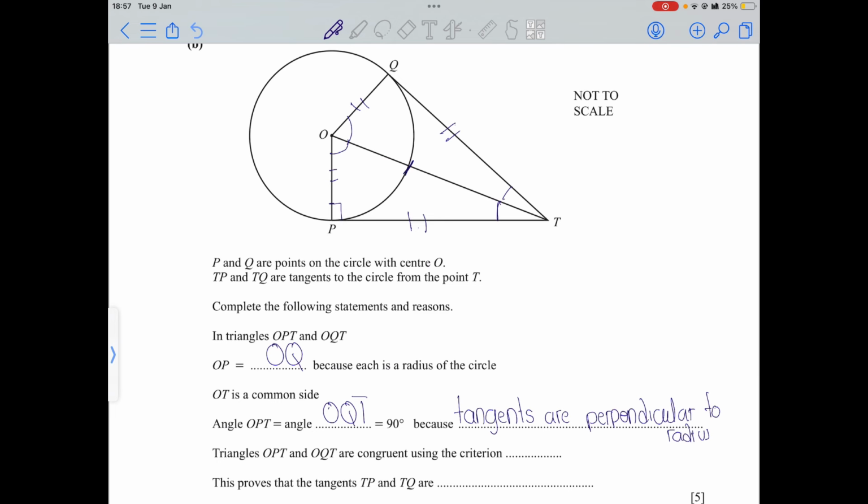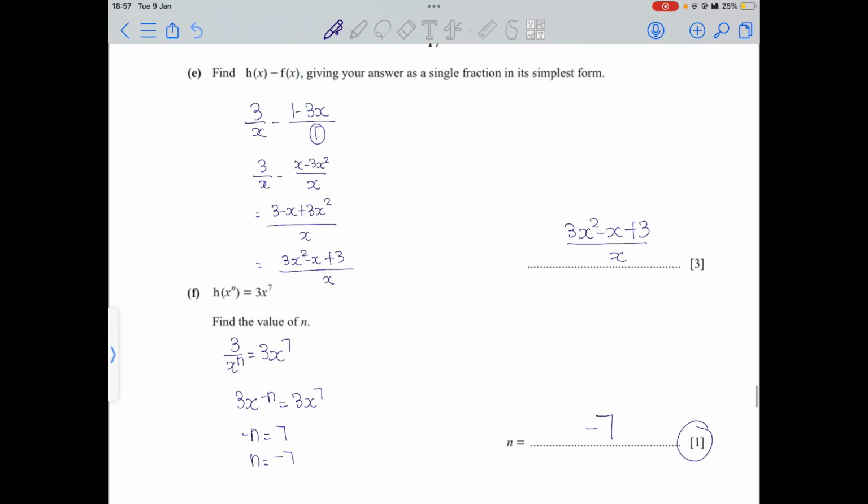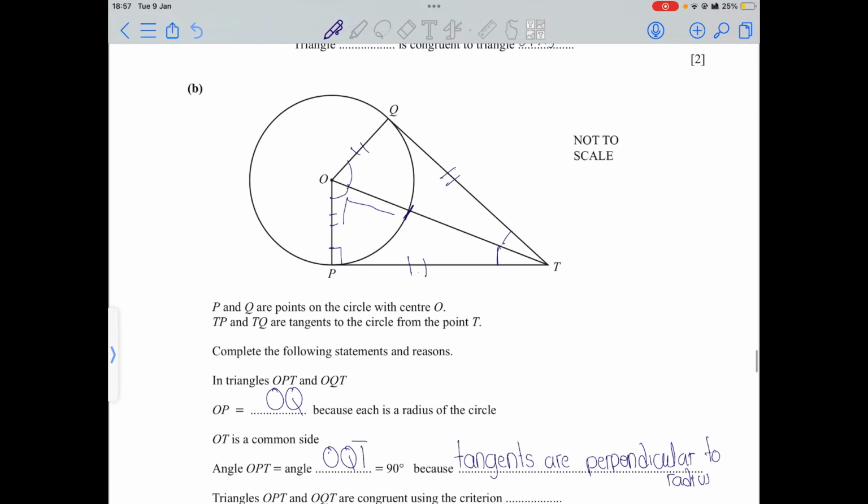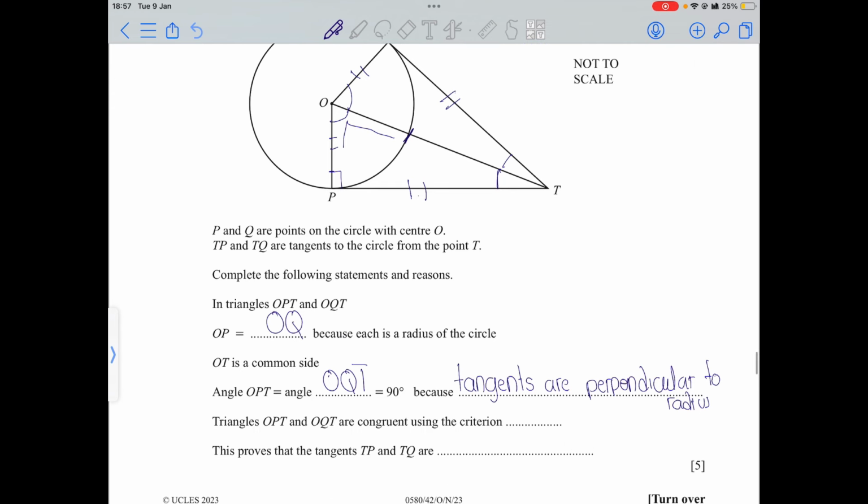There was one more confusion here. That is, this is being shared, right? So basically, angle POT is equal to angle QOT. So QO and PO are equal, and then angle O is shared, and OT is also shared, a common side.